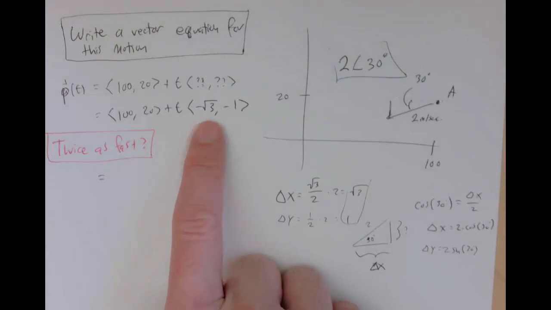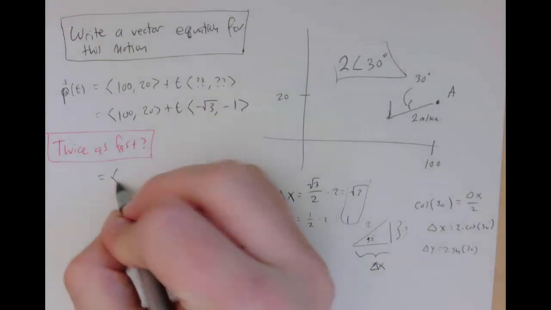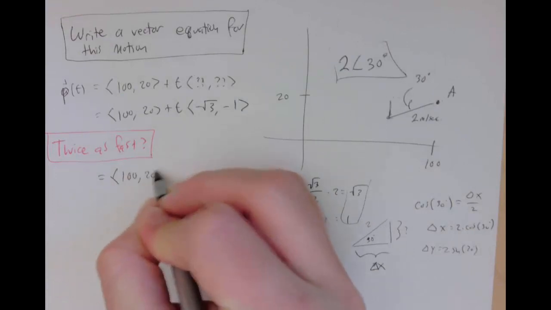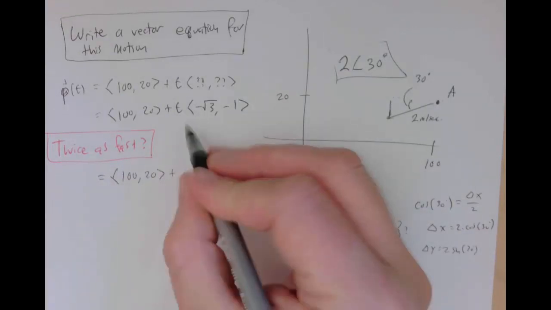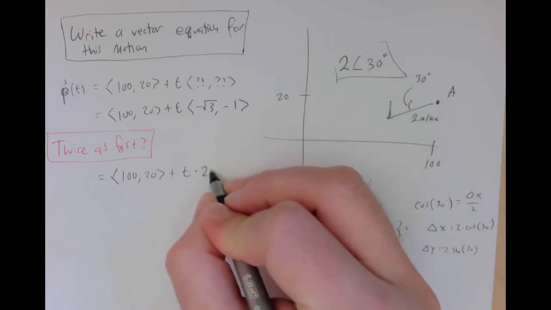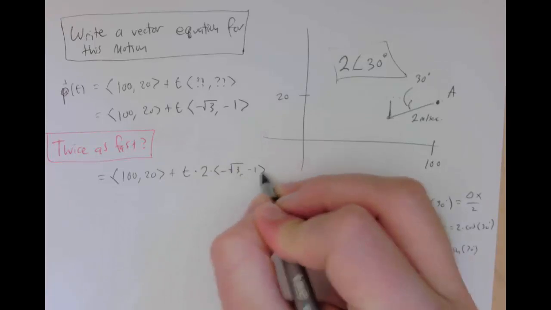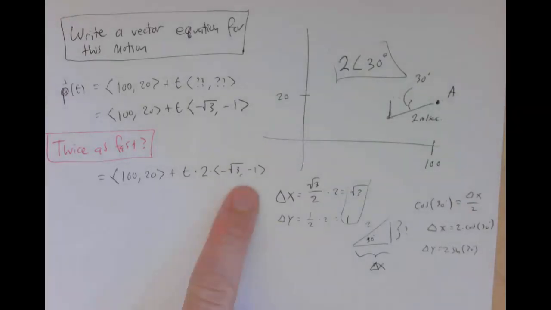So if I wanted to go twice as fast, I need this length to be 4. And you can do that just by scaling the vector to be twice as large. So instead of t times the vector, we'll do t times twice the length of the vector. So I just multiply it by 2. Now the vector is twice as long, and I'm still going that distance with every second.